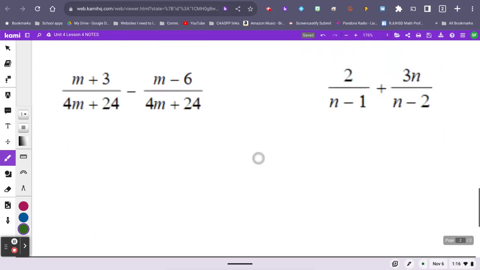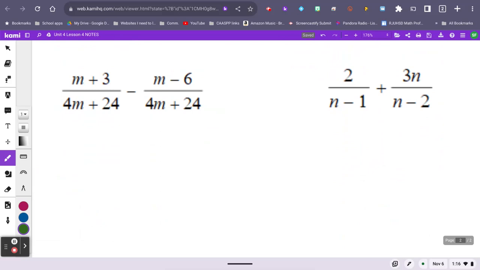So now we have subtraction. If you notice, our two denominators are exactly the same. So we can actually put it together. And we're going to subtract. So m minus m just goes away.